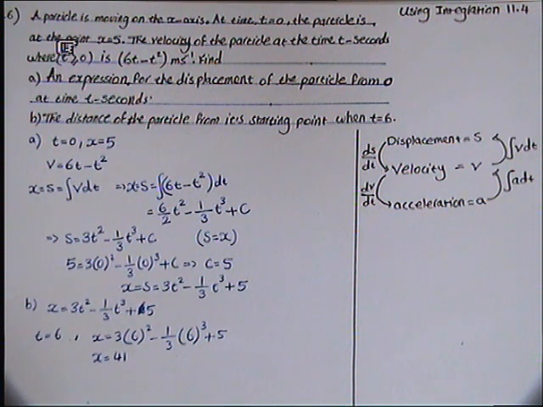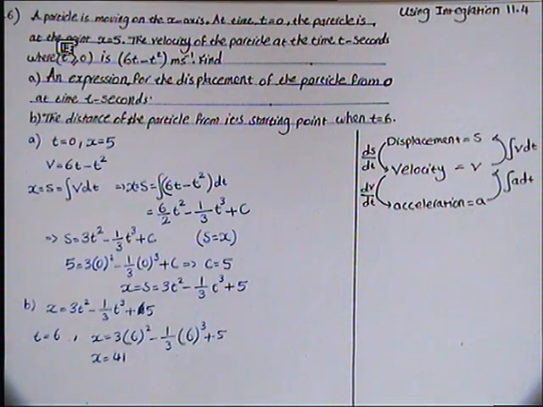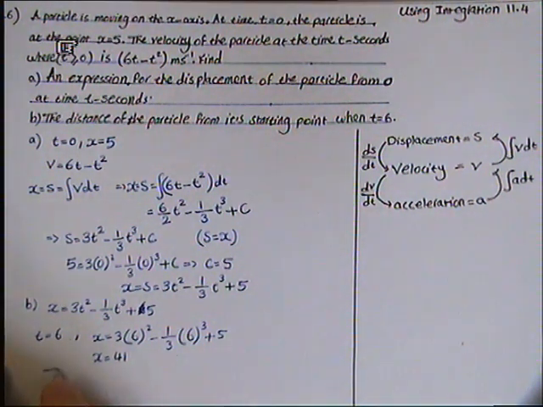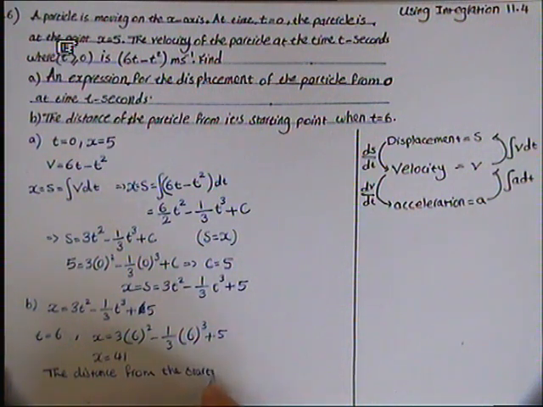The question doesn't say the distance from O, it says the distance from the starting point. Originally the particle started from 5 meters away from the origin. So, therefore, the distance from the starting point is 41 minus 5, since it was already 5 meters away from the origin, which is 36 meters.